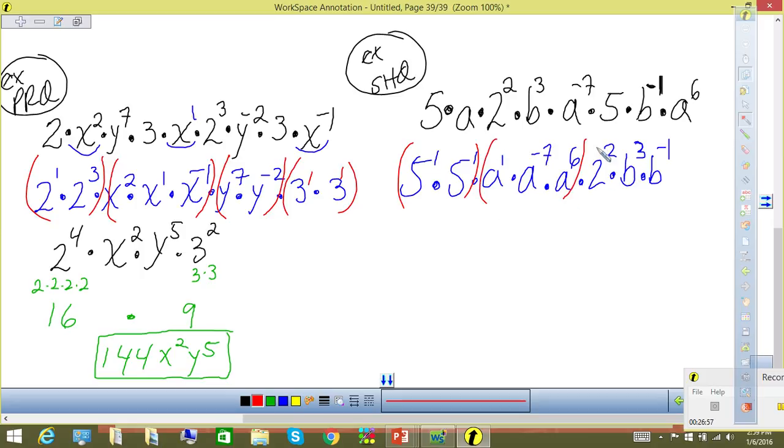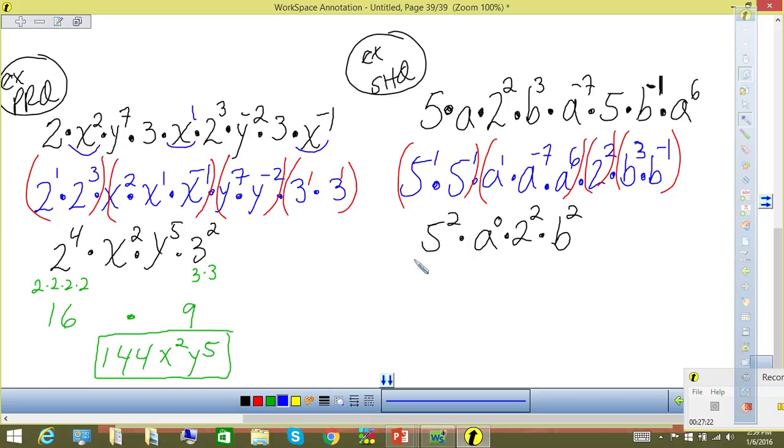Associative property. All right, this becomes 5 to the second times A to the 0 times 2 to the second times B to the second. And if you got it to right there. Okay?